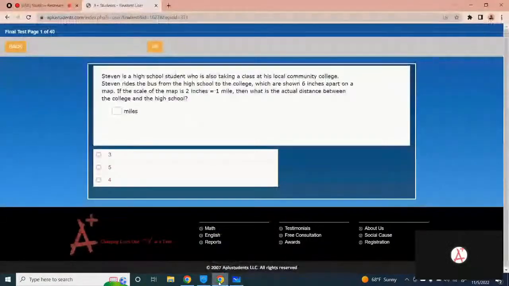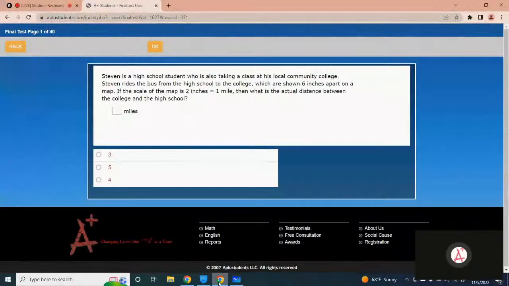Steven is a high school student who is taking a class at his local community college. Steven rides the bus from the high school to the college, which are shown 6 inches apart on a map. If the scale of the map is 2 inches to 1 mile, then what is the actual distance between the college and the high school?